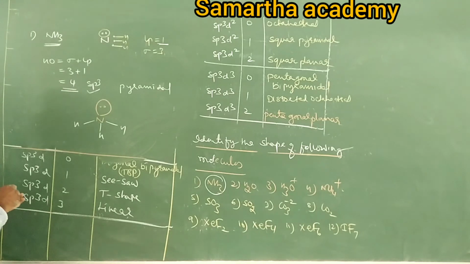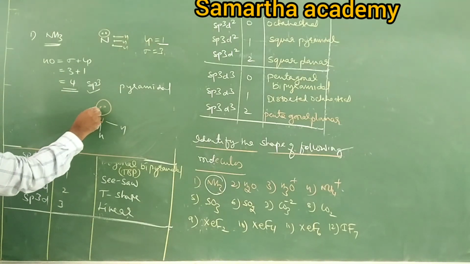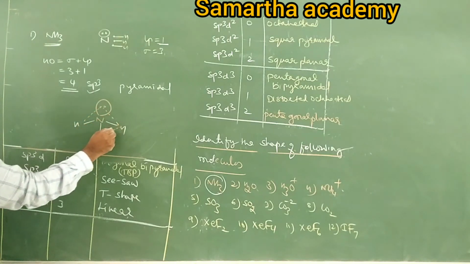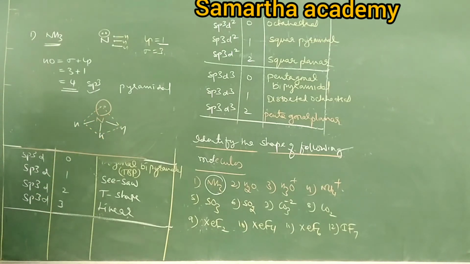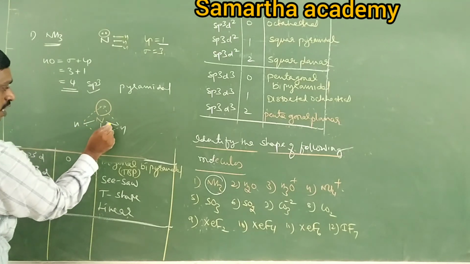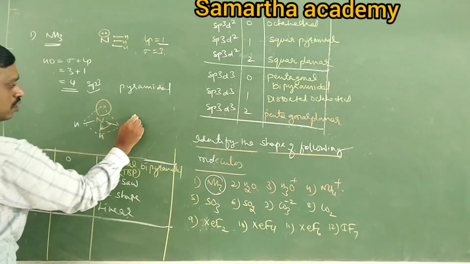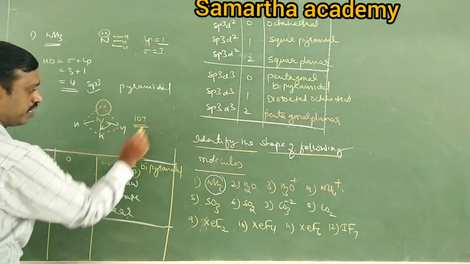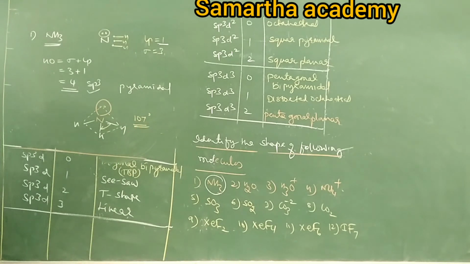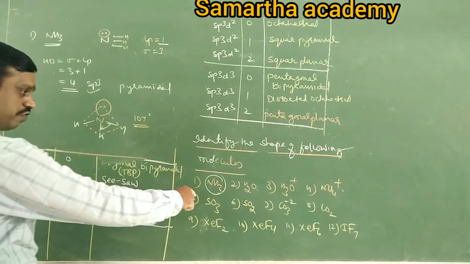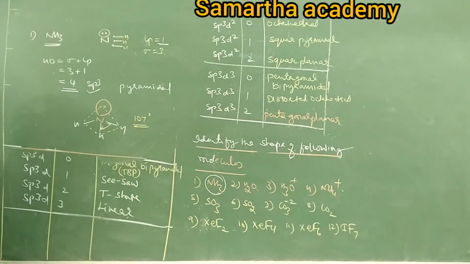Its shape looks pyramidal. What is the bond angle between any 2 bonds here? 107 degrees. Like that, you just draw the structure of all the molecules. How to draw the structure, we have studied in the last class.